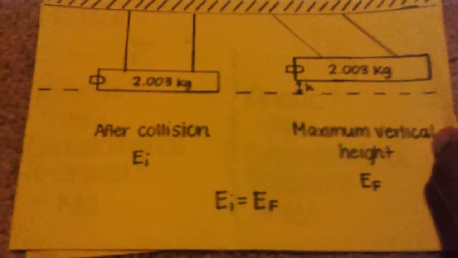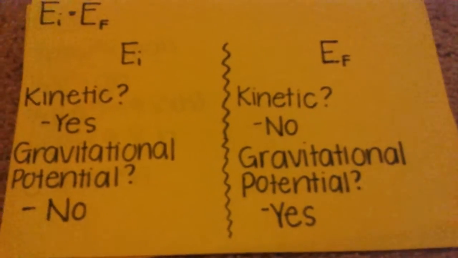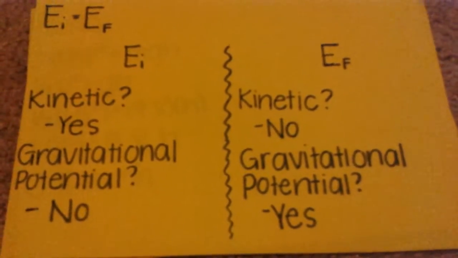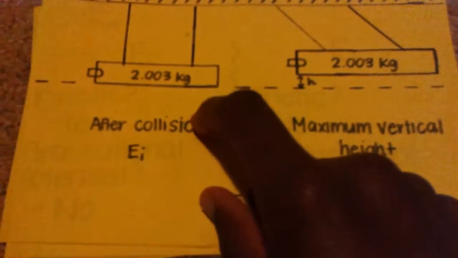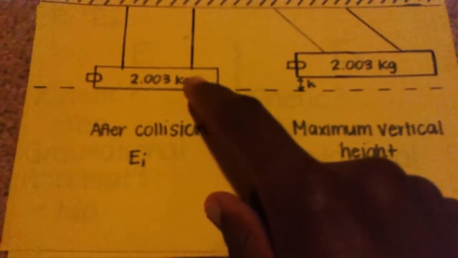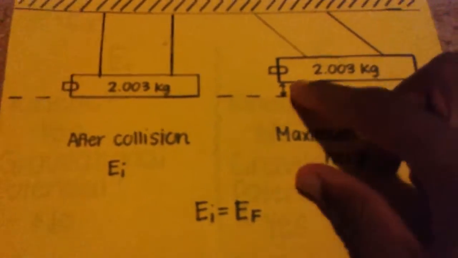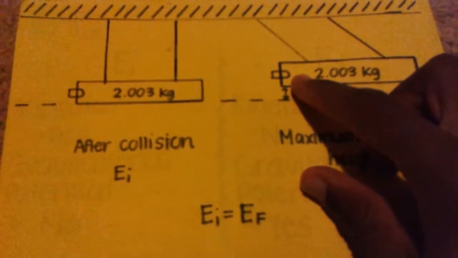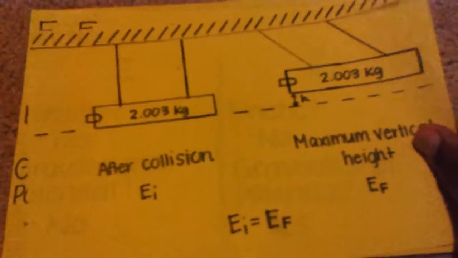Thus, it does not have a kinetic energy. Secondly, does it have a gravitational potential energy? Well, if it's moved above or below its rest position, that means it has a gravitational potential energy. And since this has moved above its initial rest position, it does in fact have a gravitational potential energy.